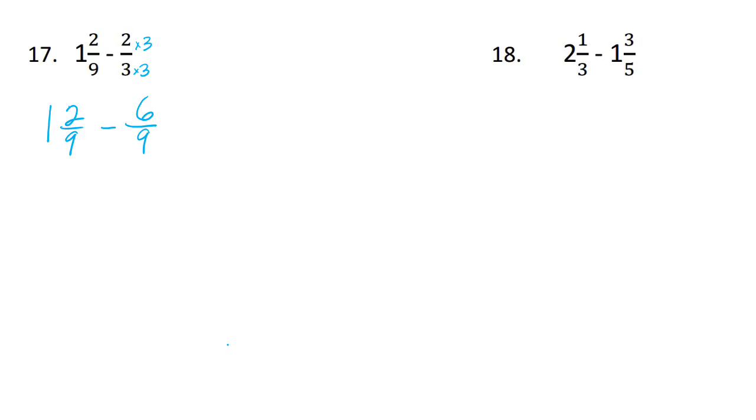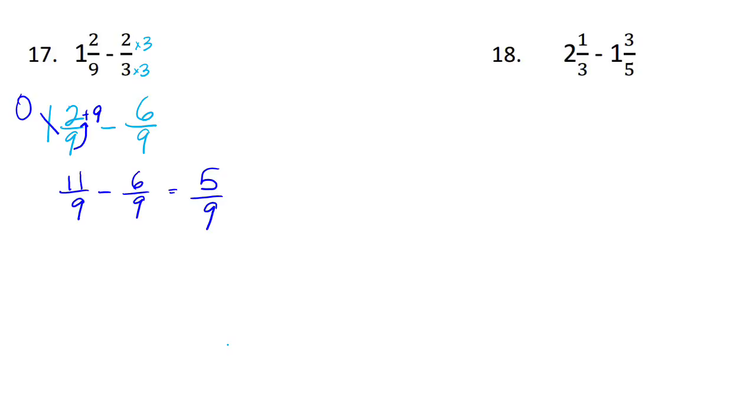So what we're going to do now is we need to subtract our fractions first. So 2 minus 6, we realize we cannot do that. So we borrow from the whole. So 1 becomes a 0. And we take our denominator and we add it to the numerator. So we have 11/9 minus 6/9. And that's going to equal 5/9.